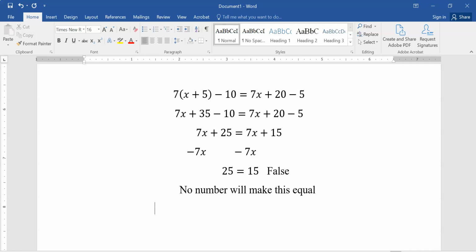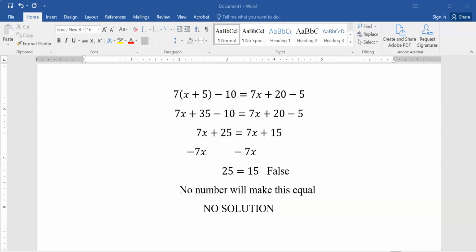So that's what we write as far as the official no solution. And again, a lot of times when you see a no solution, you'll just highlight that, circle it, put a box around it, something like that. So there's no number you can plug in to this original equation in for x and make a true statement. So no solution there.